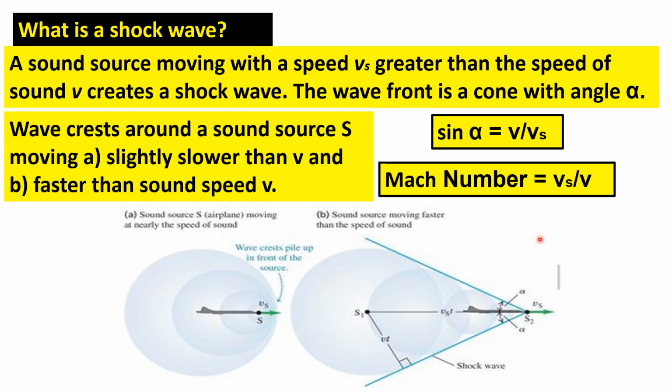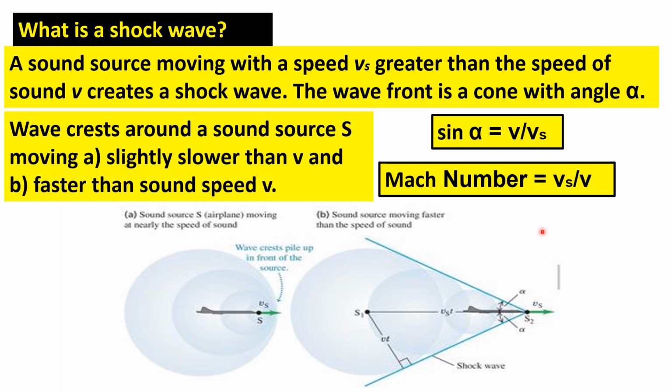an airplane or a super jet plane whose speed is twice the speed of sound, then the Mach number of that jet plane is equal to 2. Mach 2 describes the speed of a very fast moving airplane whose speed is twice the speed of sound.